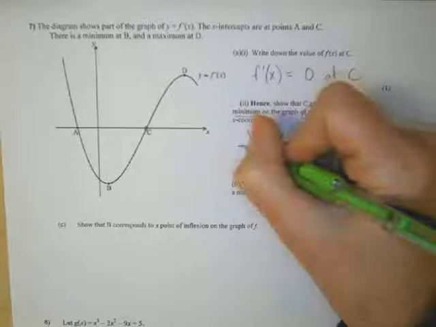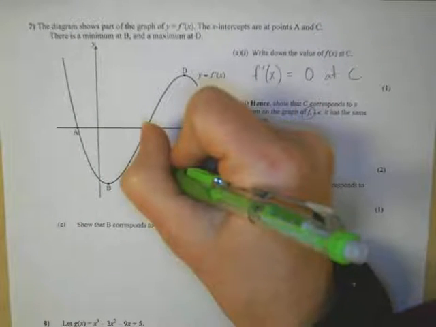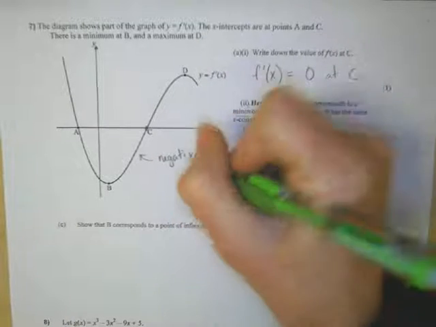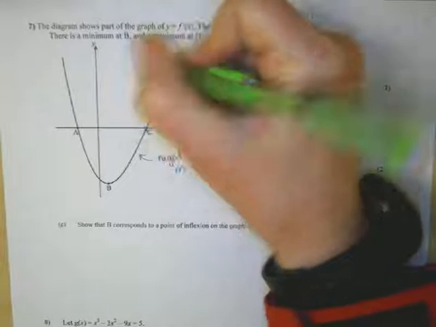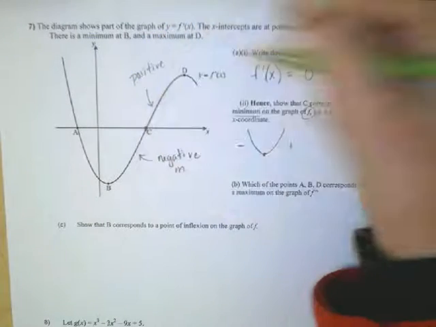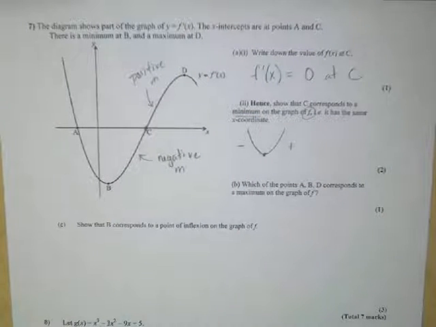So there's going to be negative slopes and then a positive slope, because these are my negative. This is a negative slope, and these are positive slope values. So the gradient function tells us the value of the slope at any given point on the original function.